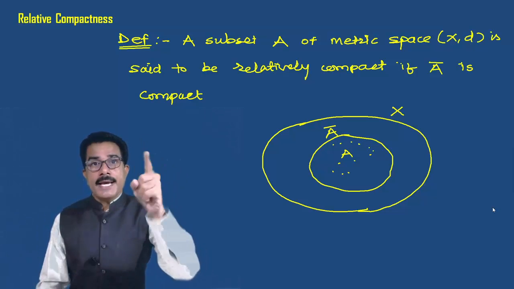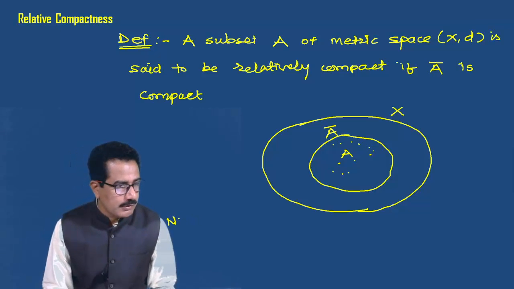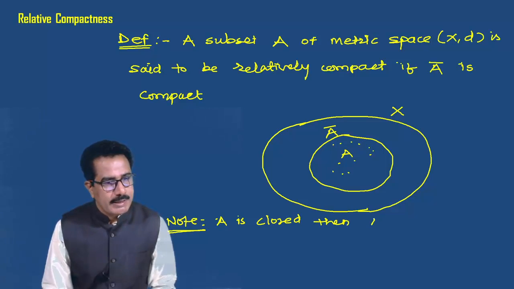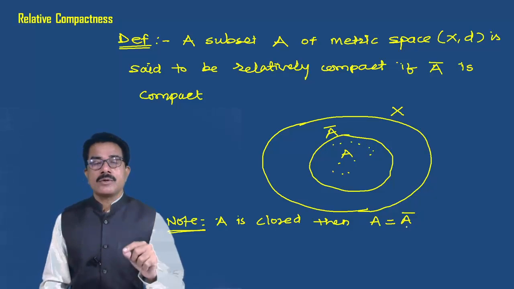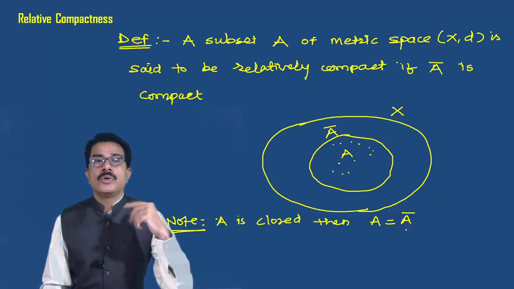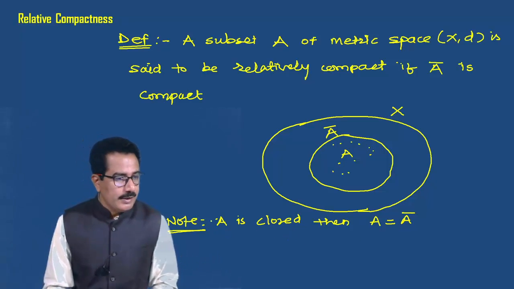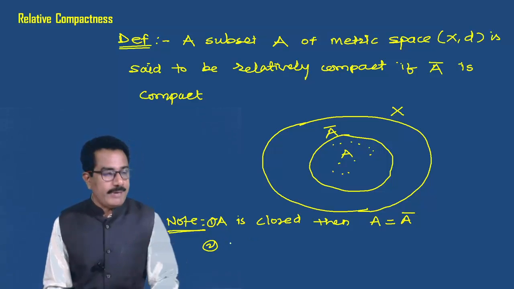If it is closed, note that, see this, A is closed, then A bar is equal to A and A equals A bar. Then if A bar is compact, A is also compact, so we can say that it is relatively compact. Second, we have seen that a compact set is always closed.